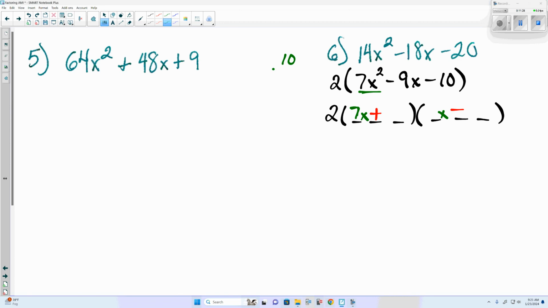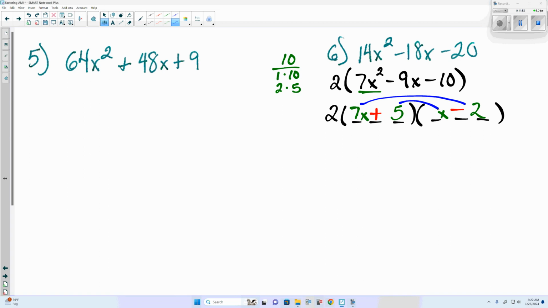Factors of 10, 1 and 10, 2 and 5. So I'm putting it this way here mainly because, well, we know we're going to have to multiply the 7x and this number over here.